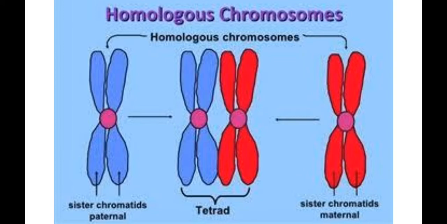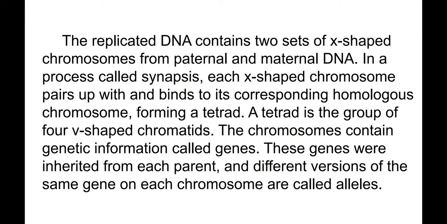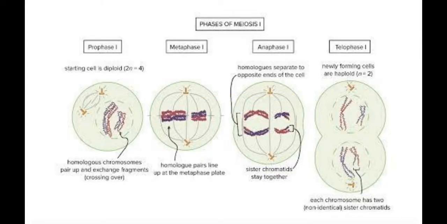Then we have a paternal X-shaped chromosome, and a maternal X-shaped chromosome, and they produce together a tetrad. Okay, they produce a tetrad. Here we see it.